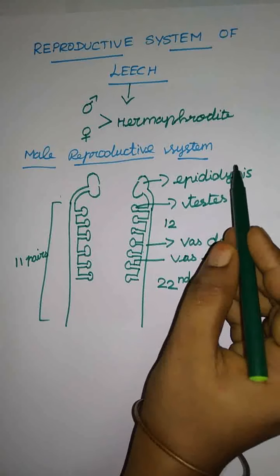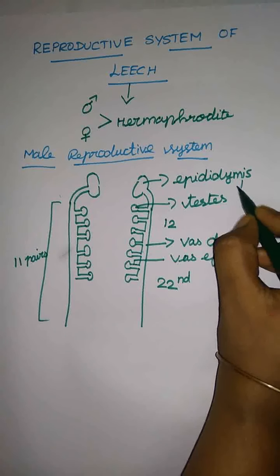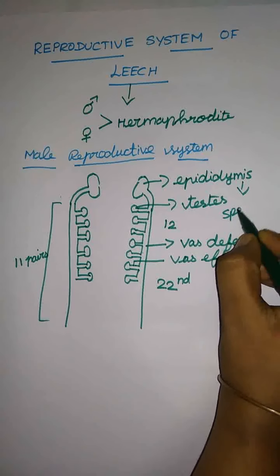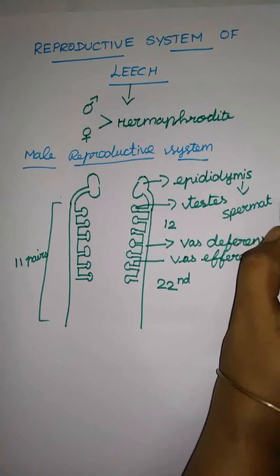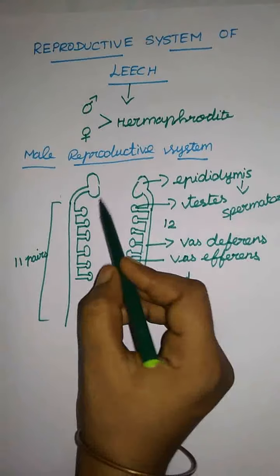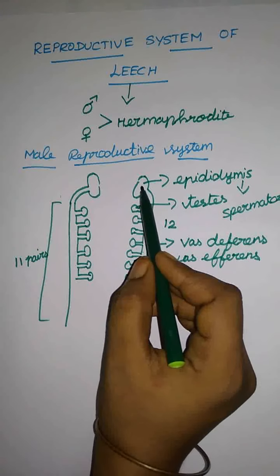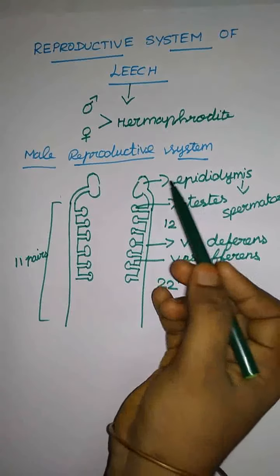The major function of the epididymis is to store the spermatozoa. They are also called sperm vessels. Why are they called that? Because they store sperm, that is why they are also called sperm vessels.